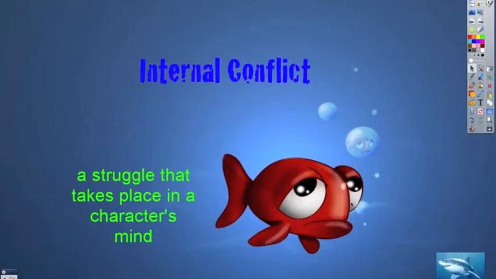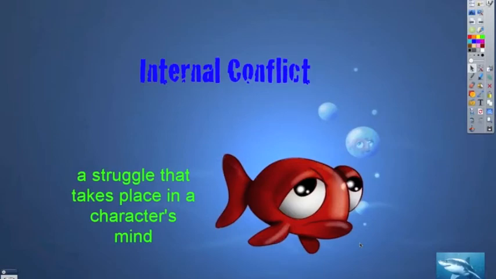No. The conflict for this little fish is inside its own mind, whether that's fear or anger or hatred or jealousy or sorrow or depression or love. Your feelings, your internal elements, those would be internal conflicts.